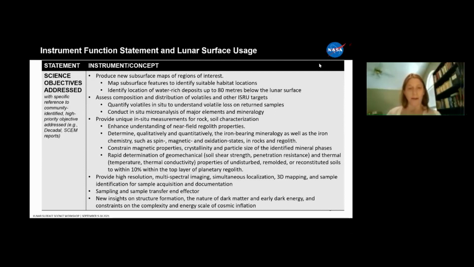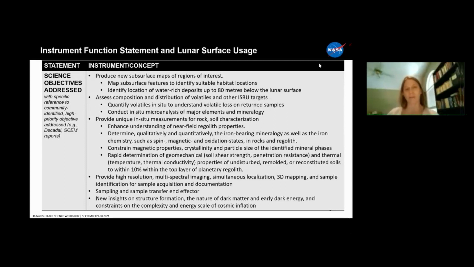So, out of the 14 submitted templates, these were the science use cases or science objectives that were identified as what would be achievable with a robotic arm. They can be grouped into the familiar suspects: produce subsurface maps of regions of interest.